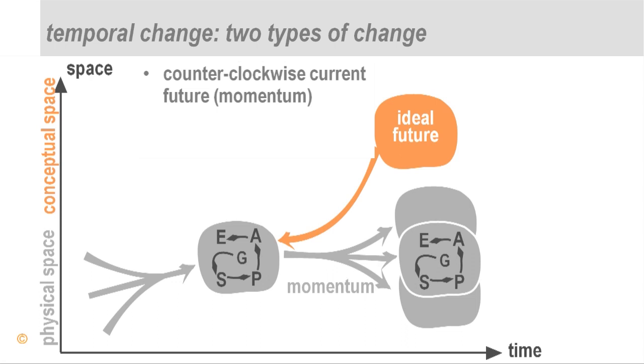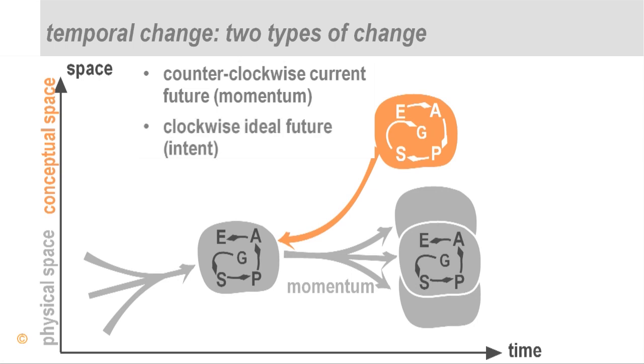The ideal future is deliberately designed, and we have heard that we need to backcast from the ideal future into the current future to change the functioning of the current system. In other words, to change the ethos, aims, process, structure, governance to what we designed in the ideal future. We need to entrench that in the current situation. So this is the force of intent. We do that through deliberate intent, and we are introducing the design in a clockwise fashion.